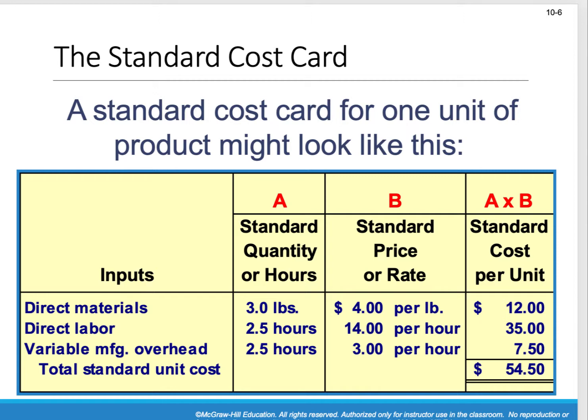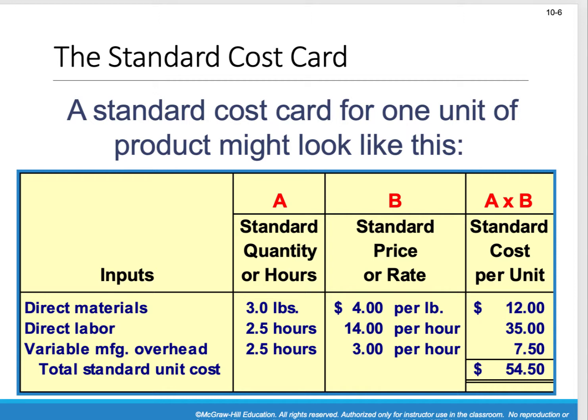So now what we have is a standard cost card, right? Basically all this is a record that we use as management that tells us here's how much a standard unit should cost, right? Or the standard cost of a unit.